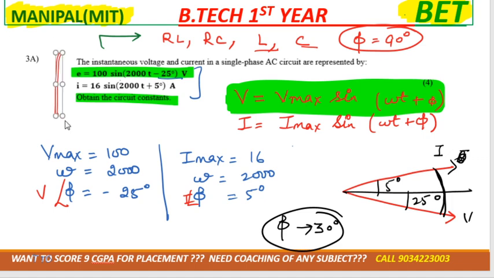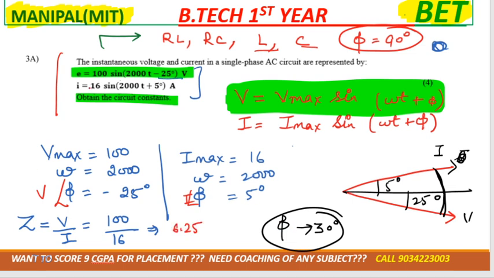So we have phi as 30 degree. That means we can have either an RL circuit or an RC circuit. Now how are we going to know? Can we get Z? Z is how much? V by I, right? V is 100, current is 16. Can you tell me how much is 100 by 16? Right?